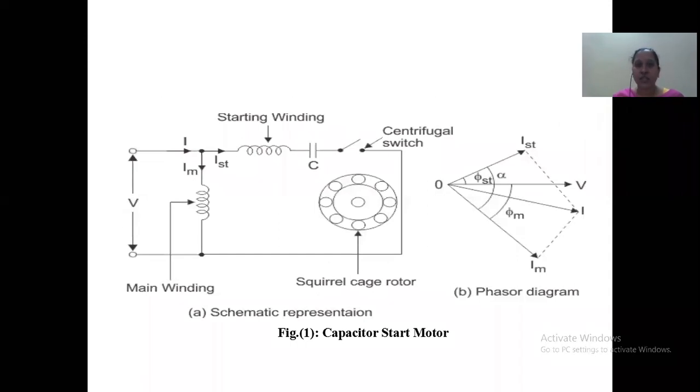During the starting initial timings, till the motor reaches its 75 to 80% of the synchronous speed, or the full load speed, we are going to have our starting winding in the circuit. After it reaches the 80% of the full load speed, the starting winding is going to get disconnected from the circuit. Only the main winding is going to prevail in the circuit.